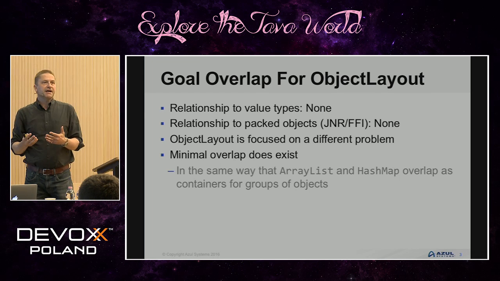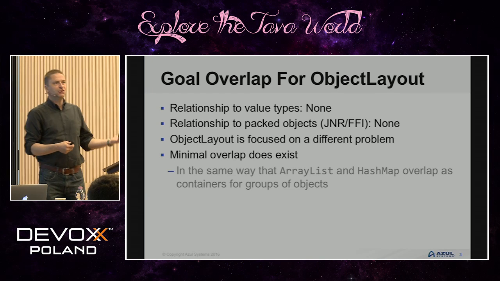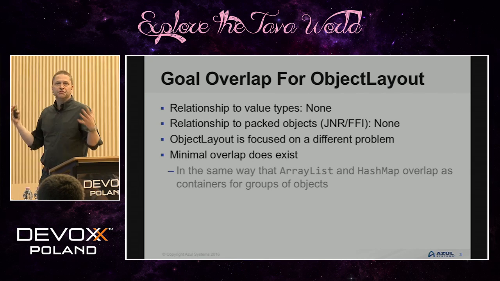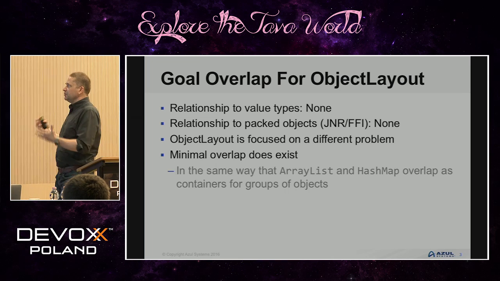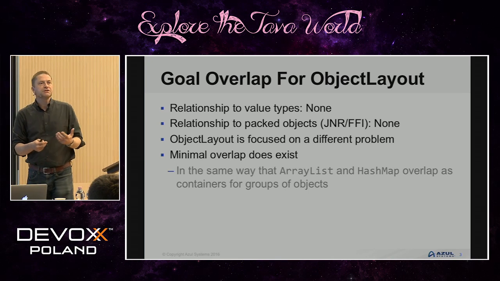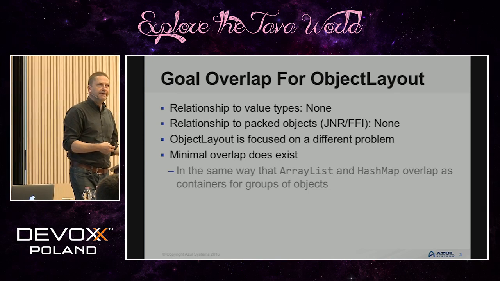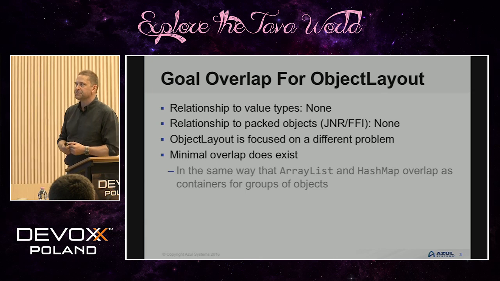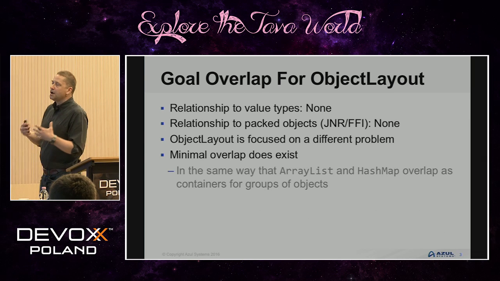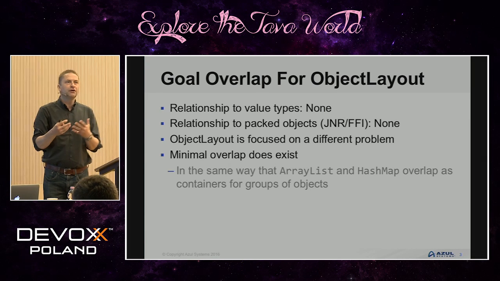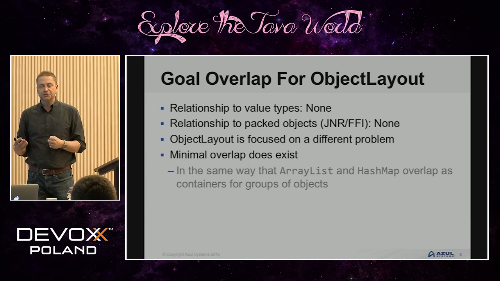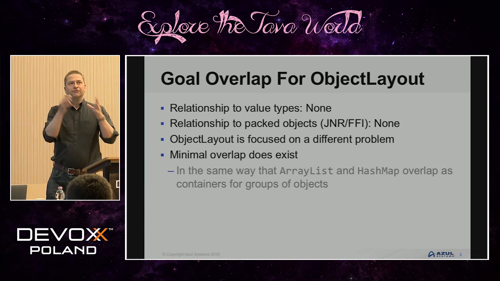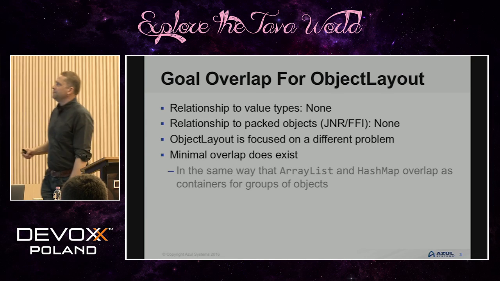Similarly, there's a project which has been started around packed objects, about how you can compress more data into the same space, how you can put information in different ways. And this kind of relates to a replacement for JNI. It relates to the idea of a foreign function interface. And so again, from a goals point of view, we're not trying to address the same thing as packed objects. Object layout is focused on speed for regular Java objects on the heap.